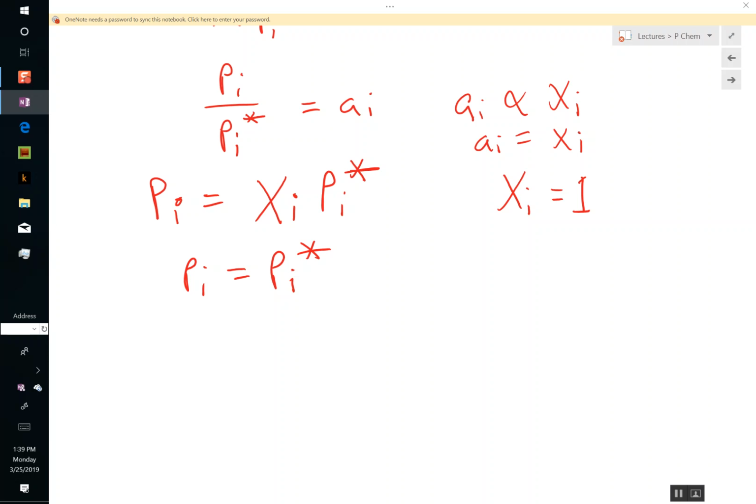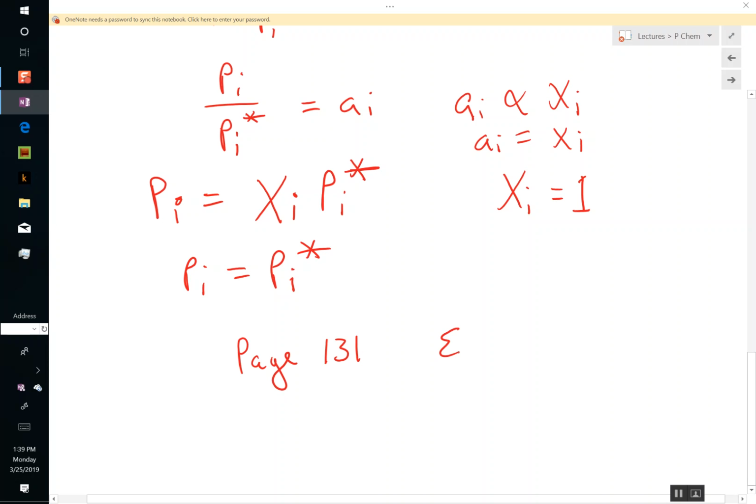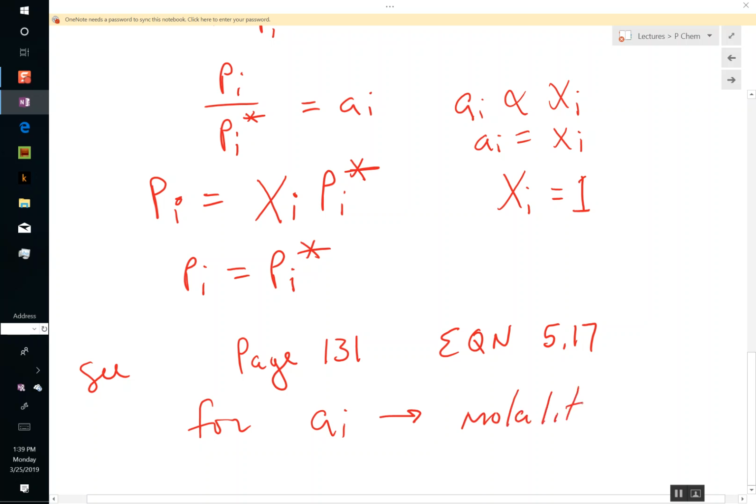This is 5.17, page 131. This is the relationship of activity and molality. It doesn't give us mole fraction, but molality. Okay.